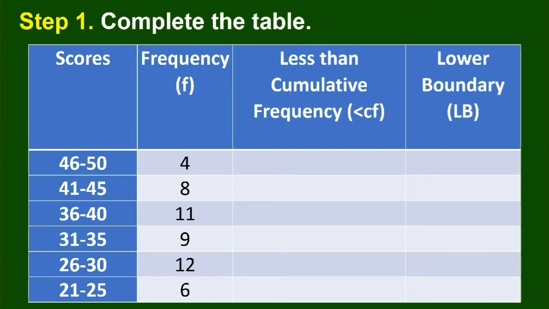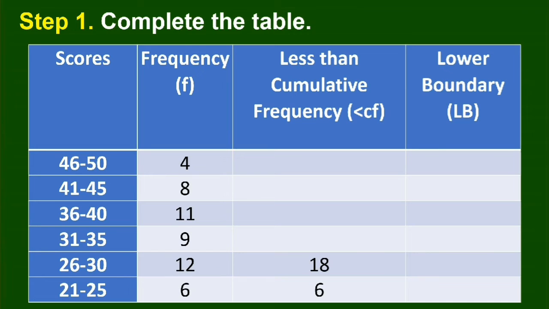So given here are the scores and the frequency. You are going to fill up the less than cumulative frequency column and the lower boundary column. For the less than cumulative frequency, you consider first the frequency of the lowest class interval or lowest scores, and that is 6. Next, you add 6 to the next frequency, which is 12.